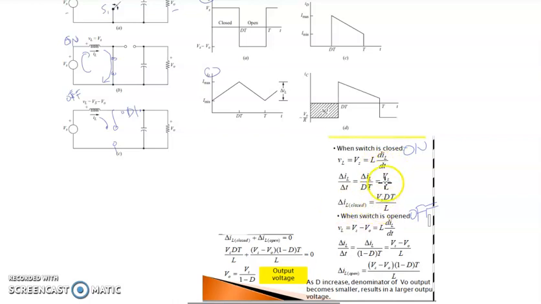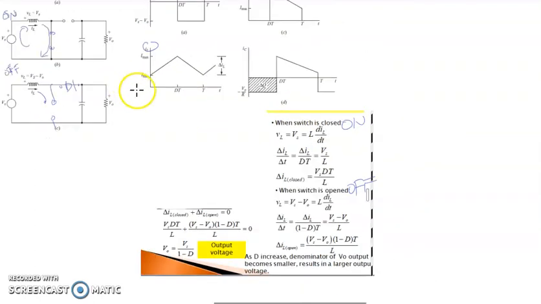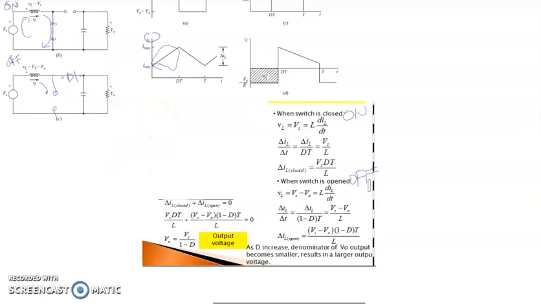When we solve this equation, the delta IL here is equal to Vs dt divided by L. This is the area of delta IL when the switch is closed. So the area here when the switch is closed equals Vs dt divided by L.